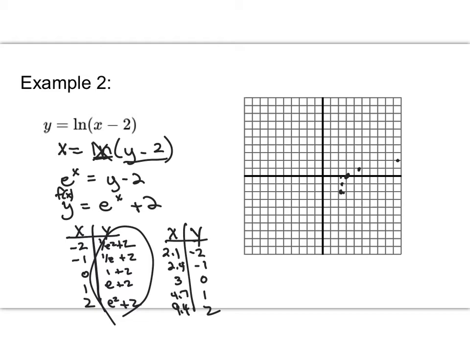Look at that. It looks like my asymptote is at 2. And if I look at my original function, this would be a horizontal translation, 2 to the right, and sure enough, that's what's happened here. If I wanted to plot important points, and you should, anything that works out to be a whole nice number, you should plot. In this case, it'd be (3, 0). That's a helpful point to know.